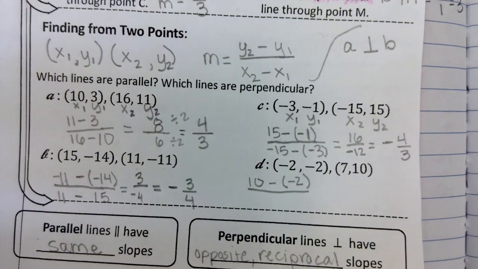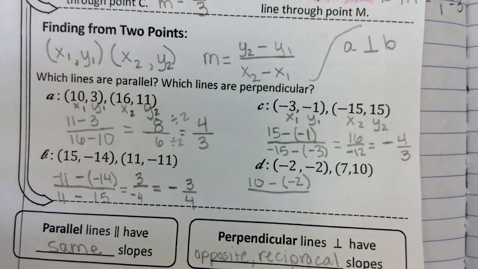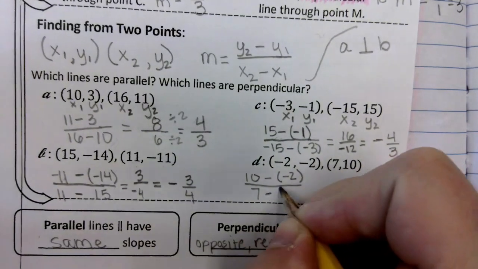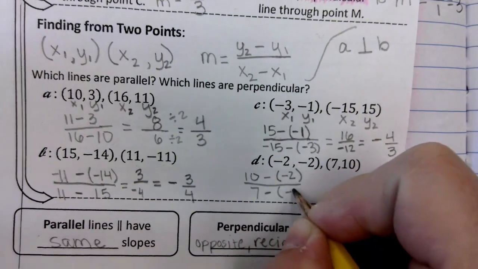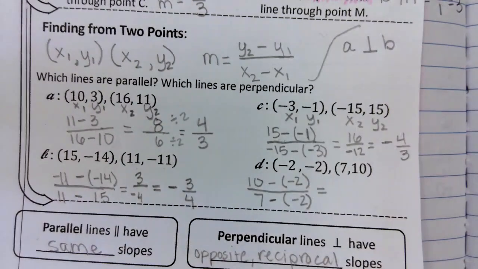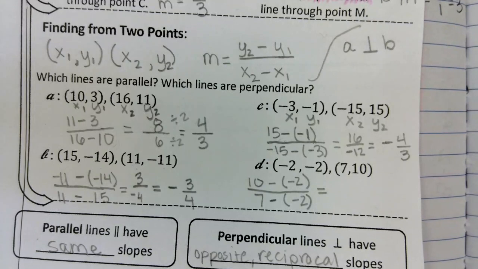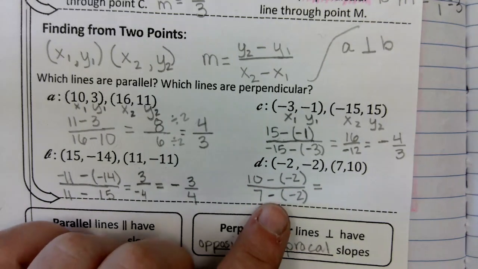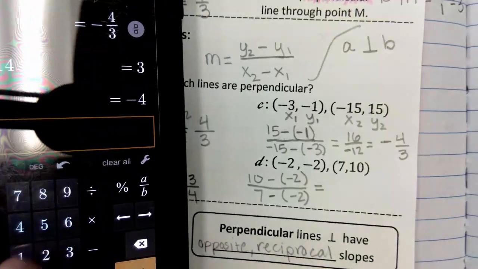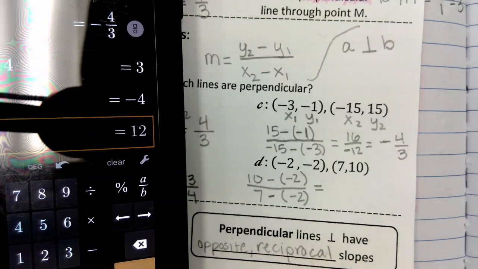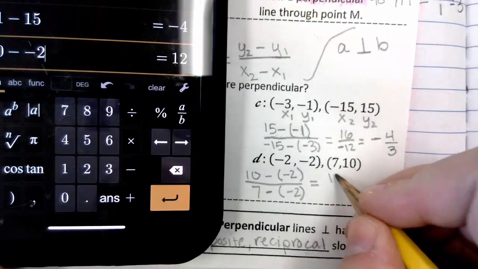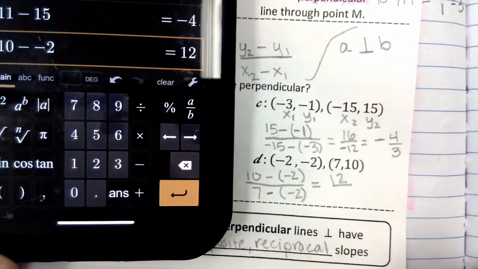Say negative 2 for both those. Alright, then we got 10 minus negative 2. And we get 12. 7 minus negative 2. And we get 9.